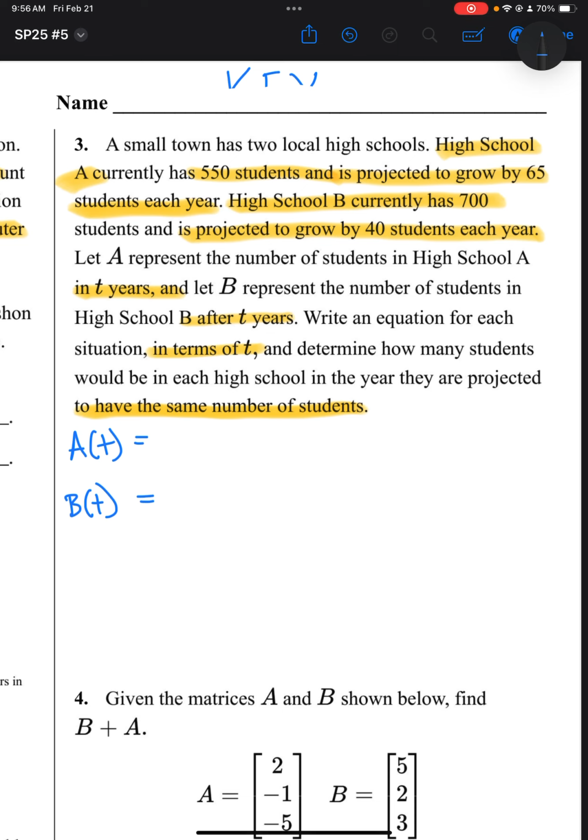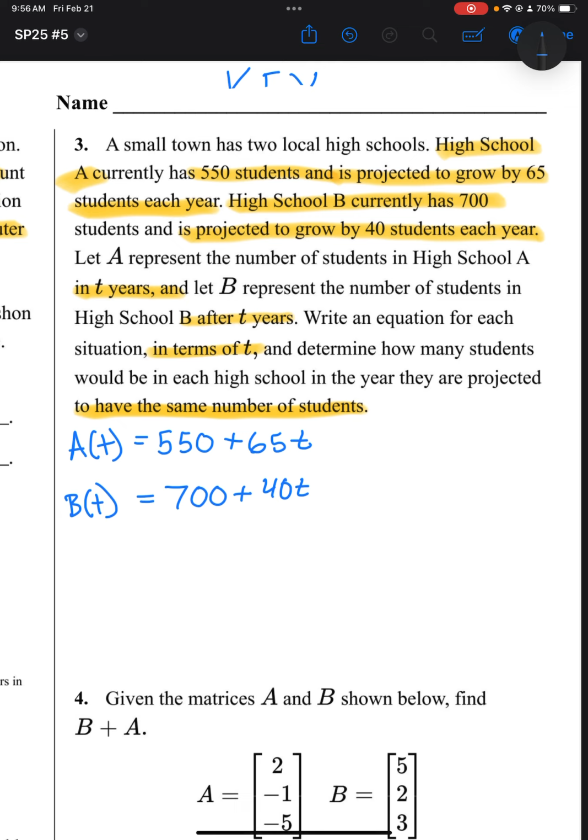We're really going to have only an X, or in this case, it's just going to be a T. So, high school A, how do we know their population? Well, it tells us they start at 550 students, and then they're going to grow by 65 every year, which is T. School B, they currently have 700, and then they're going to grow by 40 students every year.